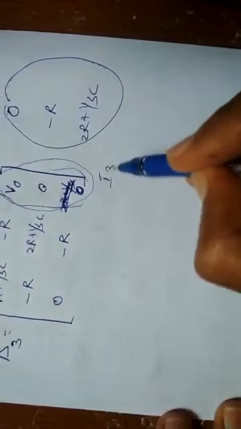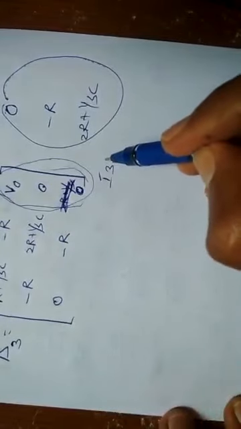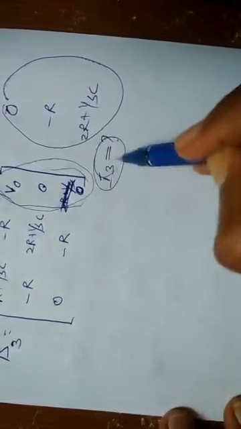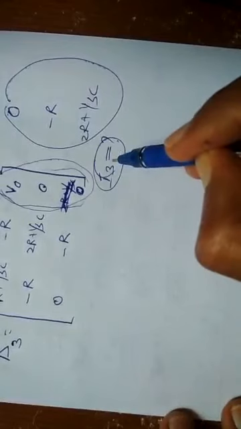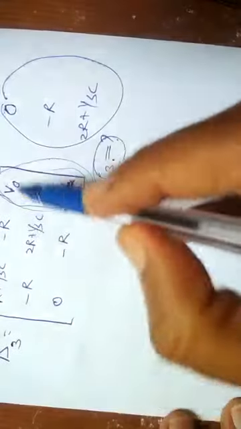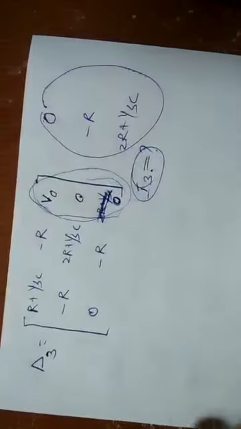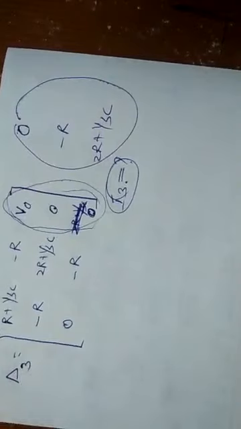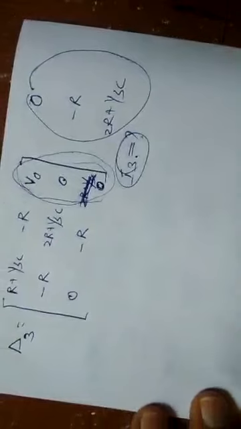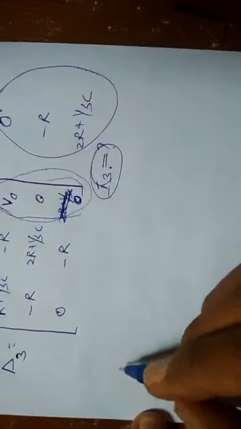This is for finding this I3. So we can find I3 with the help of this replacement, replacing the third column with the potential values. And after that we have to solve by using the same matrix rule which we have used to solve del.